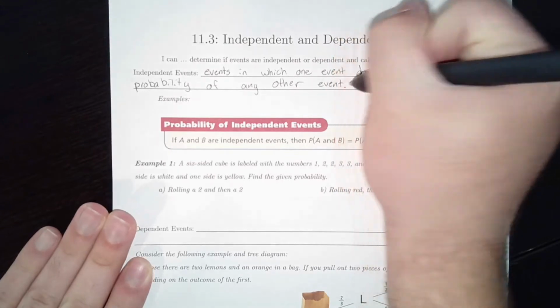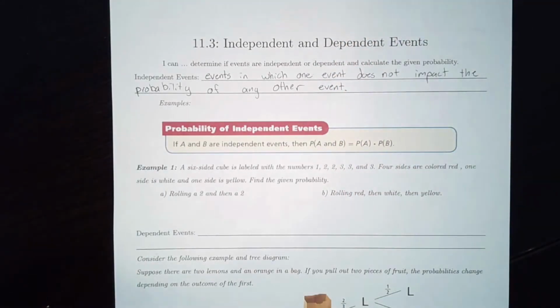Okay, so this is probably our most straightforward type we're going to talk about today, where one probability happening or one thing happening does not change anything else.